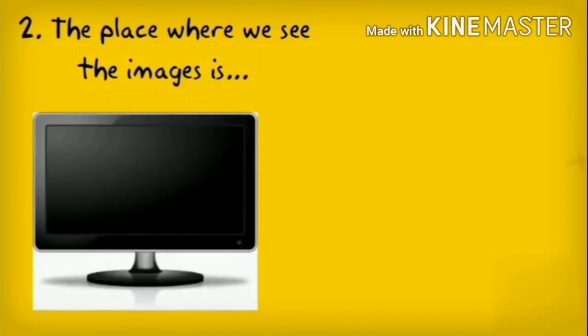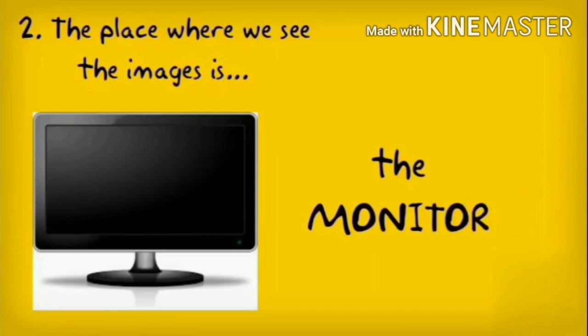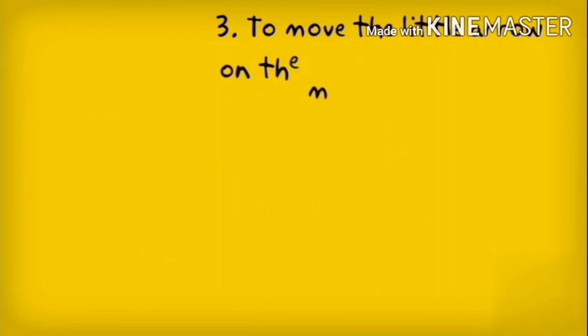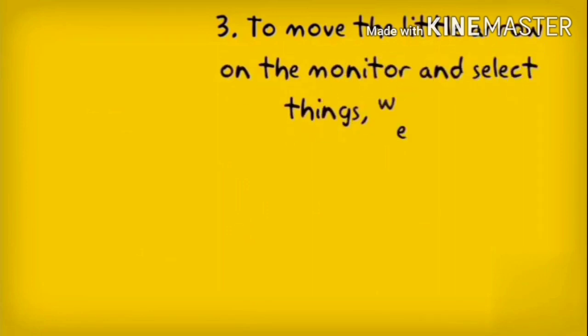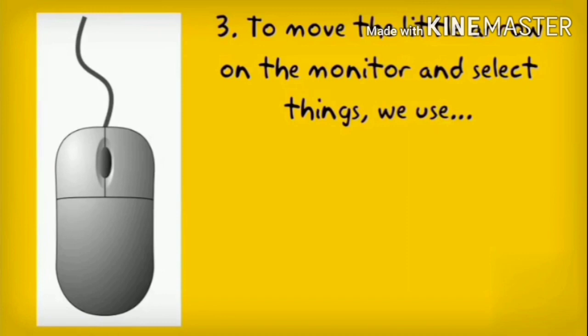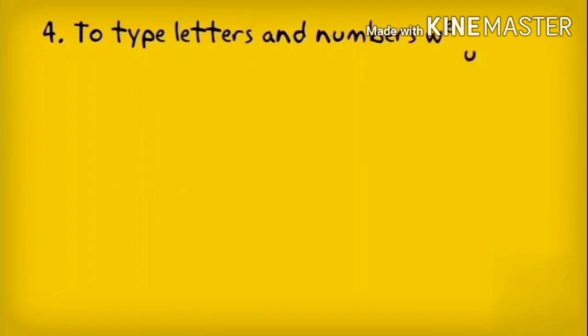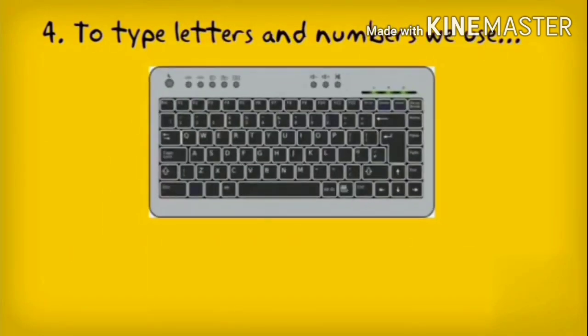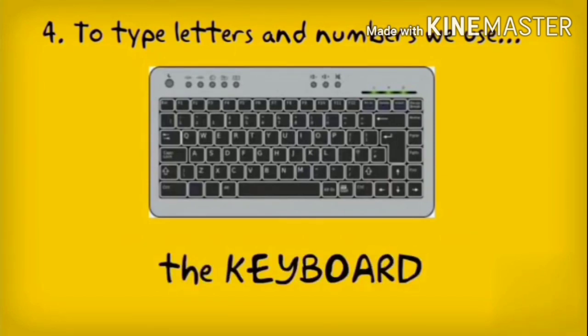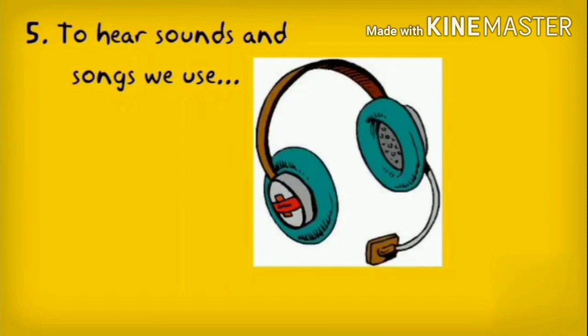Through this only we get the processed information from the computer. Now what you are seeing is the mouse. It is used to move the arrow on the monitor and also to select files. And now the keyboard. It is used to type letters and numbers in the computer. And we use headphones to hear songs. These are the different parts of a computer.